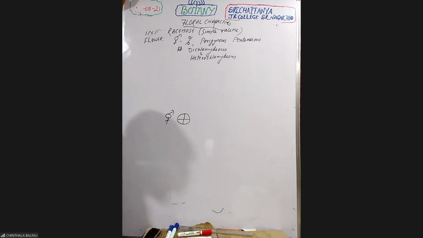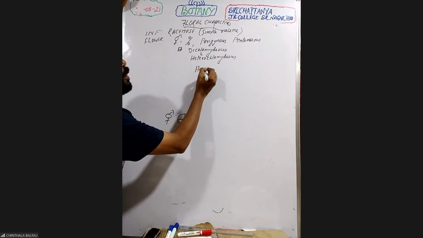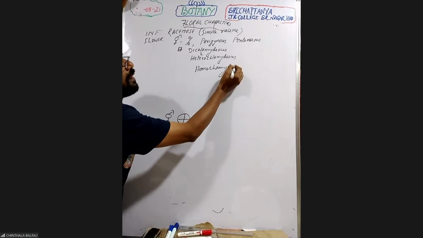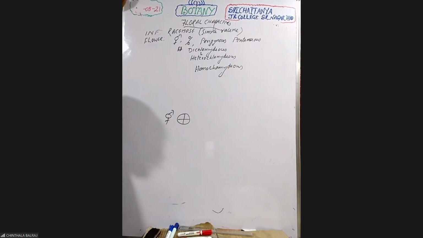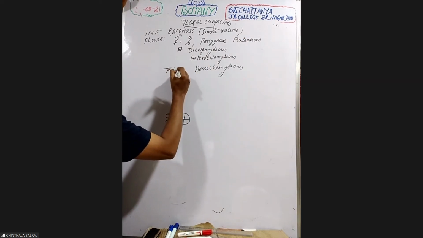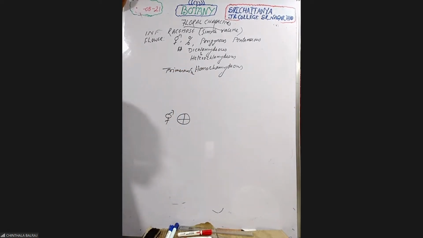In monocot families, what is the word I should use in place of heterochlamydous? Homochlamydous. Homochlamydous members are seen in monocots. Which monocot family is studied by you? Liliaceae. Liliaceae flowers are trimerous and homochlamydous.